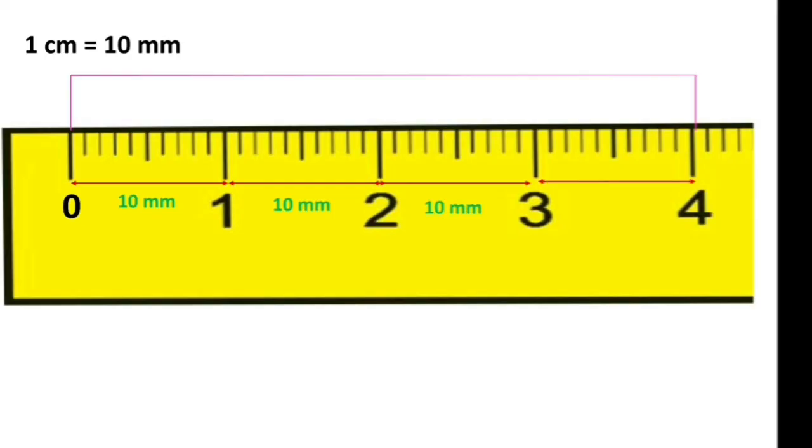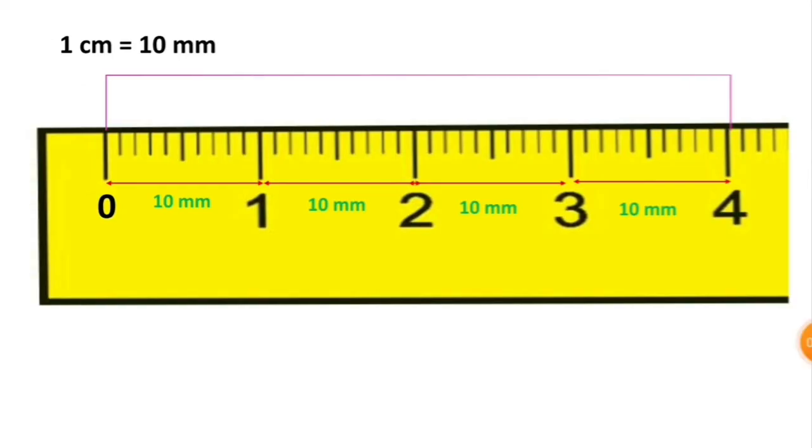And the distance between 3 to 4 is 10 millimeters. So children, here we took 10 four times. So 10 plus 10 plus 10 plus 10 gives us the answer 40. So there are 40 millimeters in 4 centimeters. That's so simple, right?